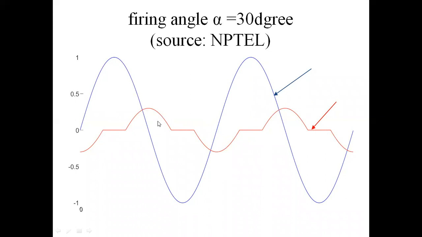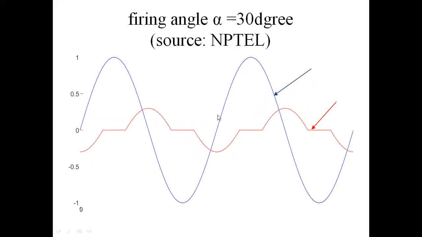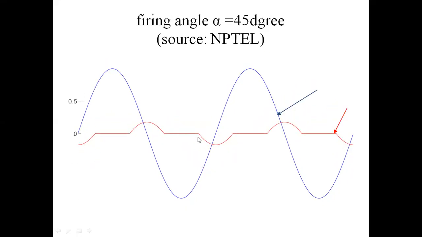Observing this waveform compared to the previous waveform, the magnitude of current decreases when firing angle alpha is equal to 30. Again, for firing angle alpha equal to 45 degrees, the magnitude of current decreases. When increasing the firing angle, the magnitude of current decreases and the conduction period also decreases.